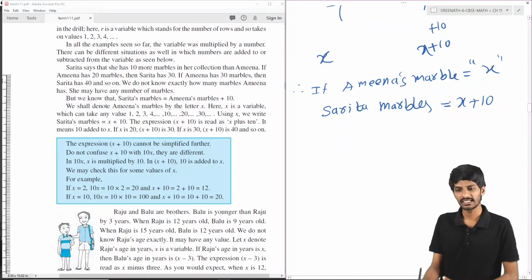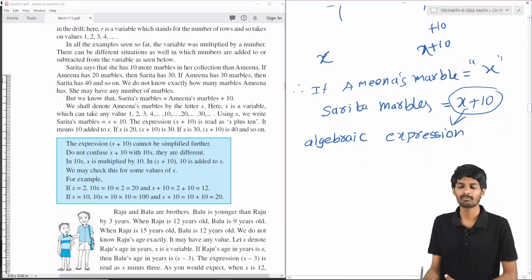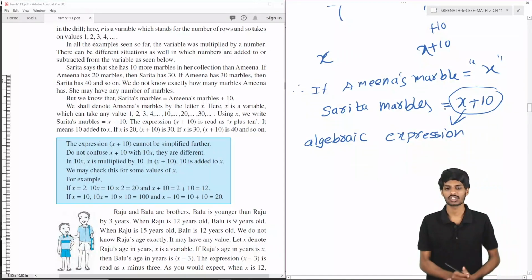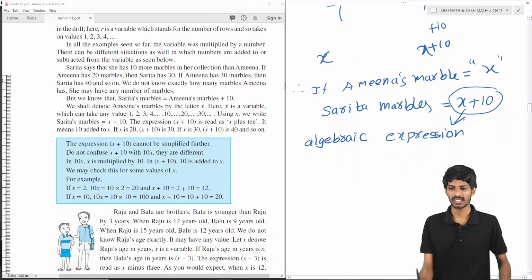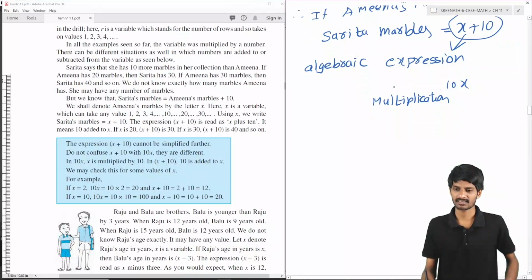So this is an expression, we call it an algebraic expression. In this expression there is a plus symbol, which is an operation. Okay students, in some cases there is 10x, so there is multiplication between the 10 and the letter x.